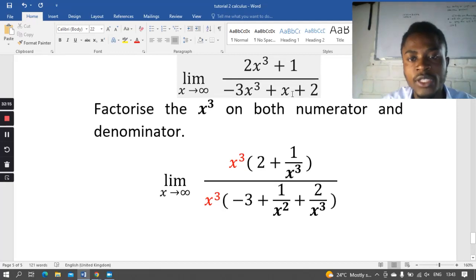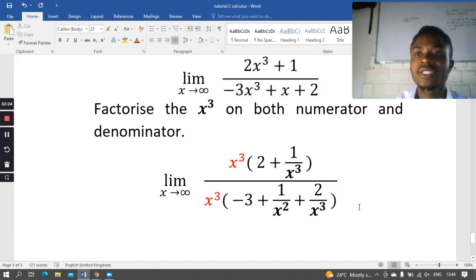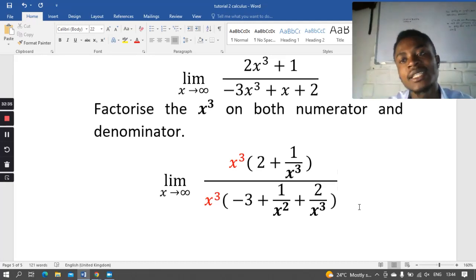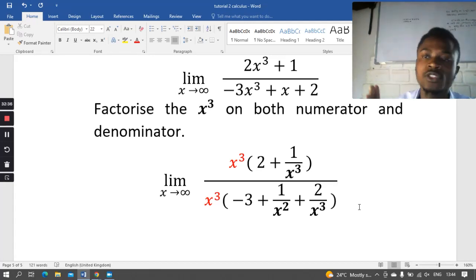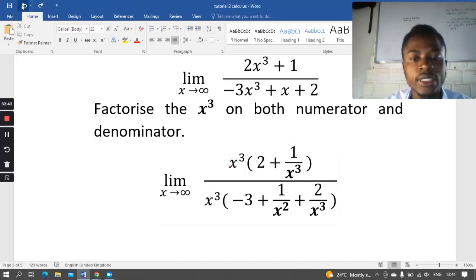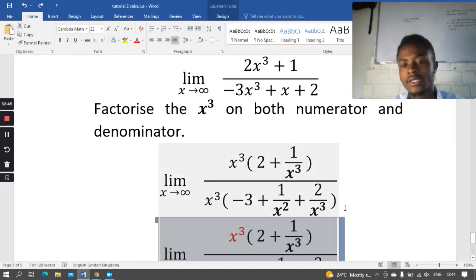This aspect is the same thing we do with the complete the square method. It's just that in complete the square, we factorize a number, but in this case, we are just factorizing the variable. Let me quickly write it down and go to the next step.